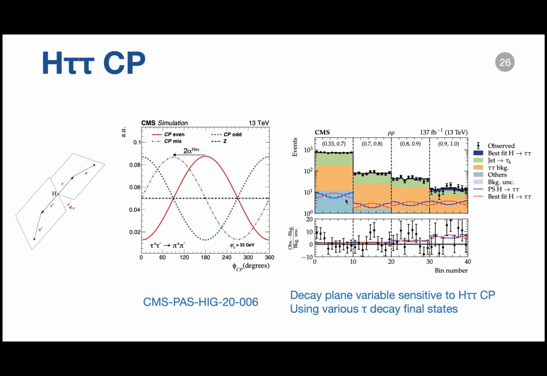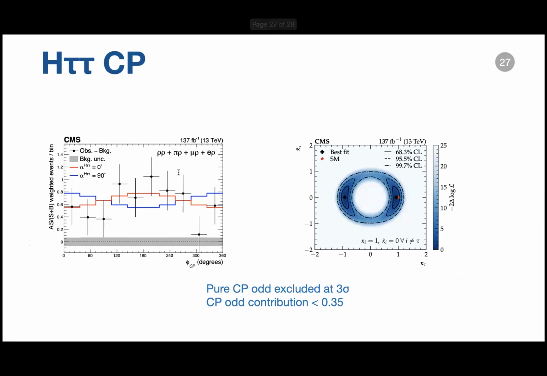Here I just show the rho final state, where you do see that CP even and odd have very different behaviors. In the end, they combine the four different tau decay final states to constrain the Higgs CP. And if you look at phi CP, which is the angle between the two decay planes, you see that the data agrees with the CP even, which is the red one, quite well.